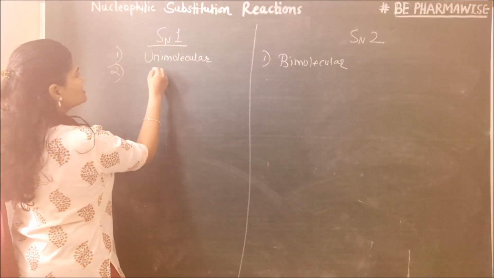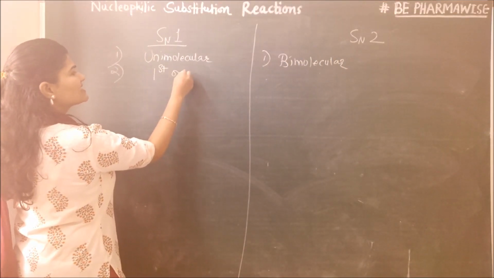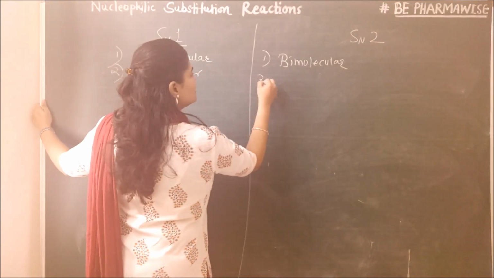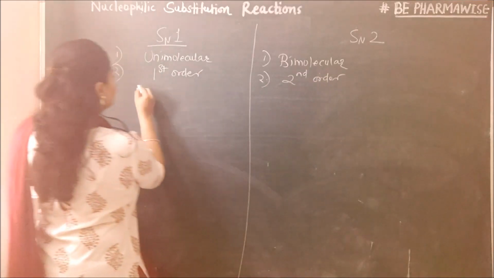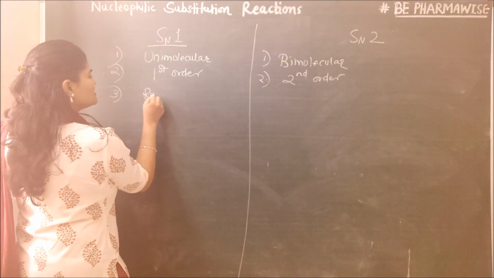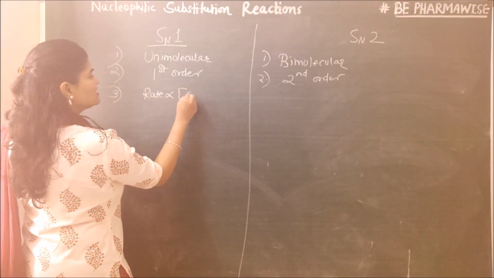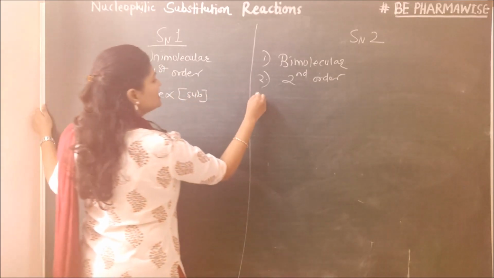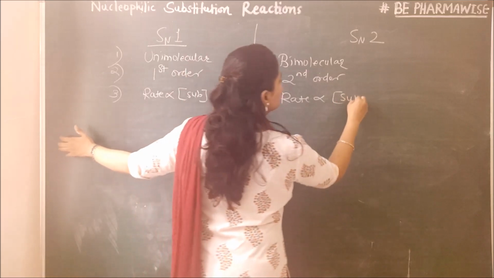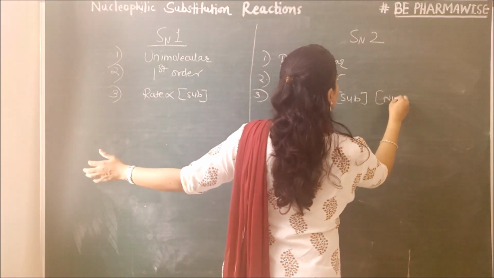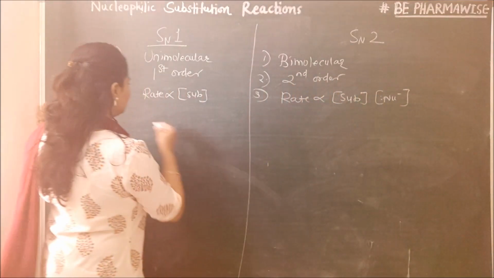Second obvious difference is it is a first order reaction kinetics. Here it is a second order reaction kinetics. Means what? Third, the rate is directly proportional to concentration of only substrate. Here the rate is directly proportional to concentration of substrate as well as the concentration of nucleophile.